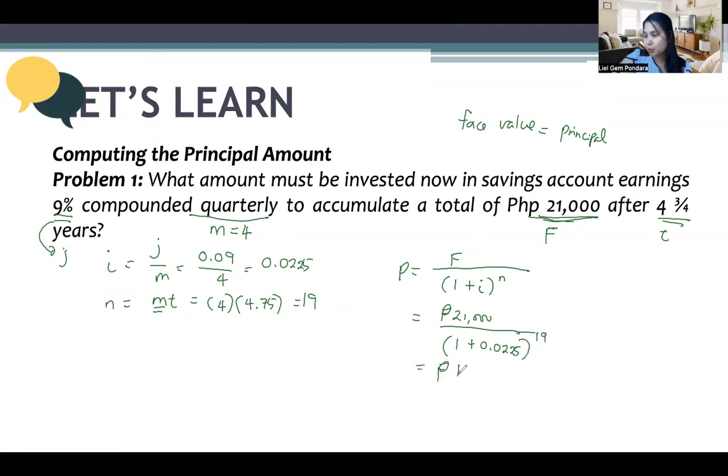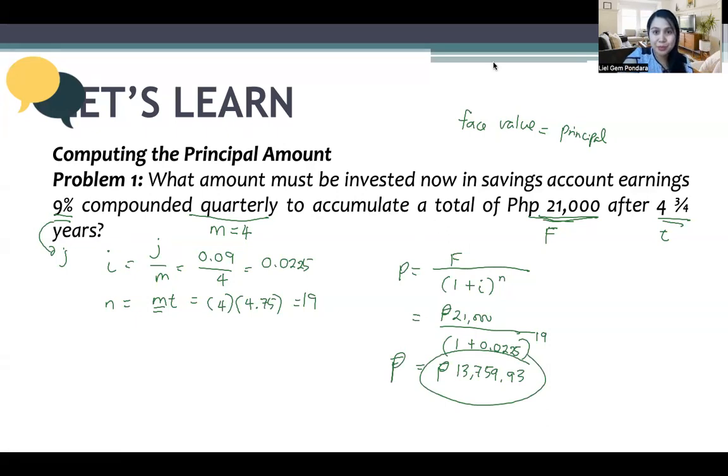Our principal will be 13,759.93. This was the amount being invested. Any questions? There are no other questions?